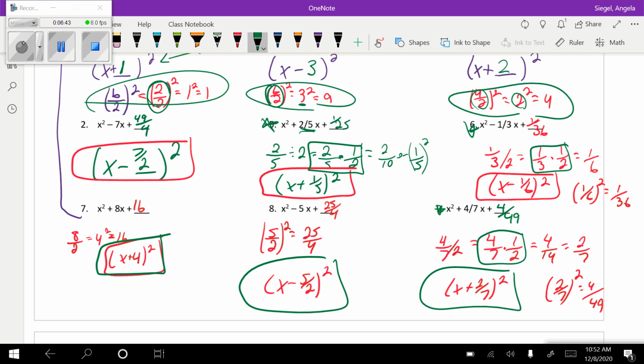Then I just simplified it and got 1/5. So I knew it was x plus 1/5 squared, and then I squared it to get this number here, which was 1/25. Basically, you have to figure out this term in order to get it to this, so we can eventually solve it.